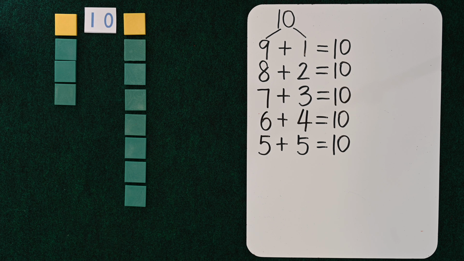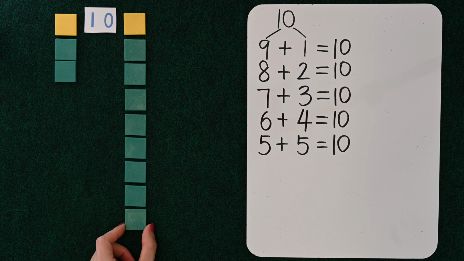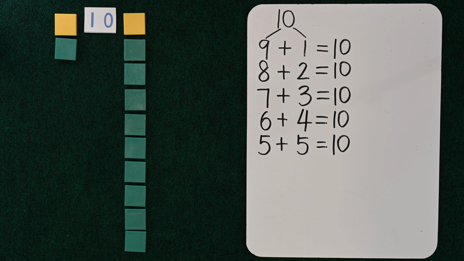Let's move one more. And you have 2 and 8. And on the board you have 8 and 2. And let's move one more. And we have 1 for the first kid and 9 for the second kid. And it is the same as 9 for the first kid and 1 for the second kid. And the total is 10.